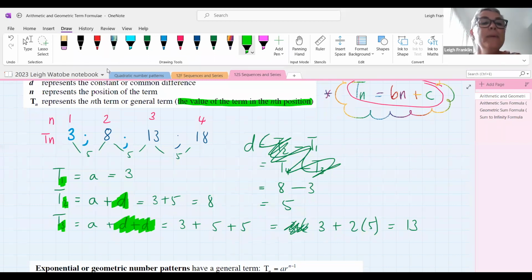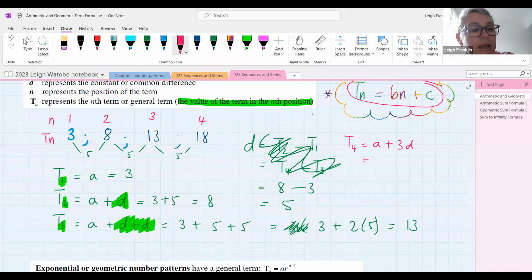How many differences would I have to add for term 4? Exactly, I'd have to add 3, quite right. Term 4 would be the equivalent of A plus 3 differences.